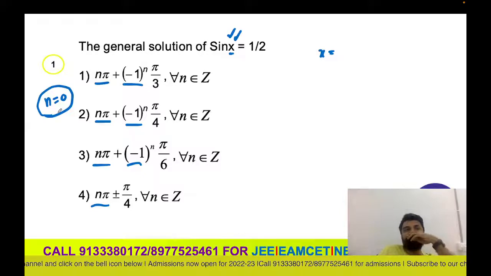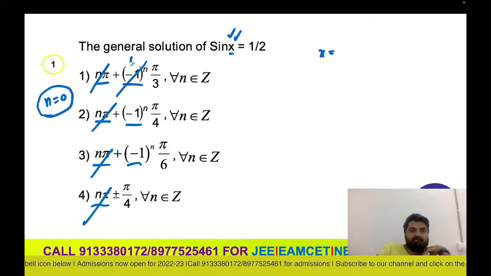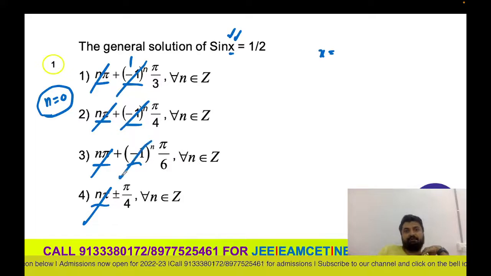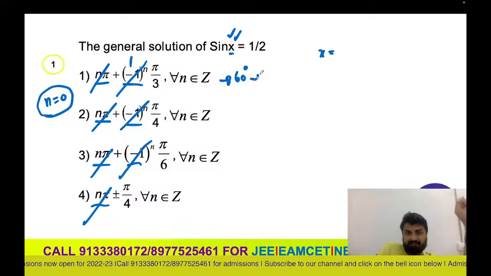So if you give n equal to 0, this is gone, this is gone, this is gone, this is gone. Anything power 0 is 1. So this is 60 degrees.